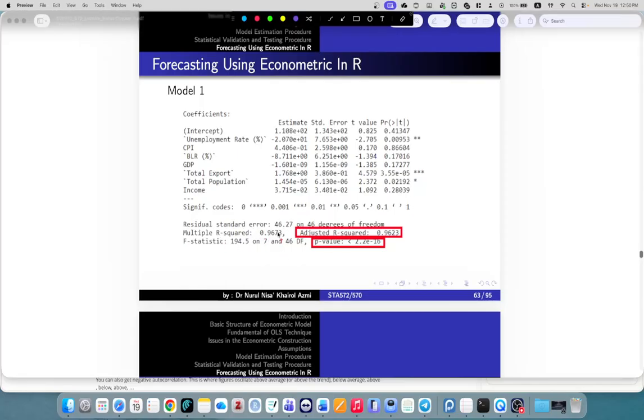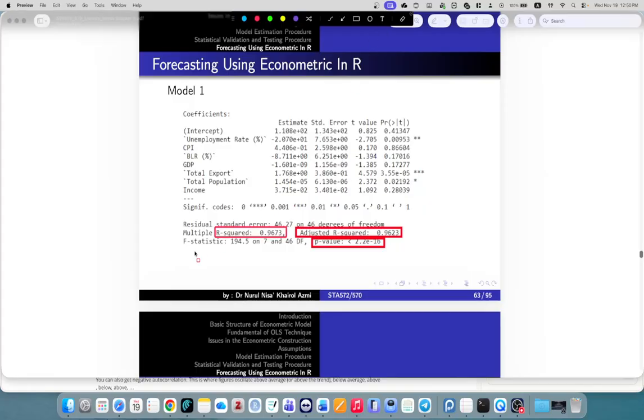This one is R square. I highlight here: this one is the R square, and this one is adjusted R square. This explains the total variation, meaning how much your particular variables here, 1, 2, 3, 4, four variables here, can explain your Yt.